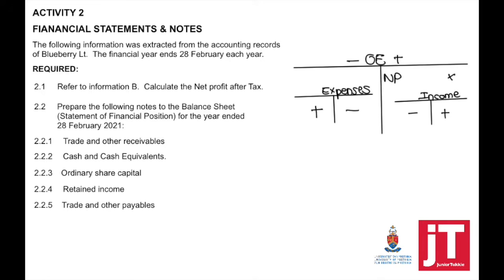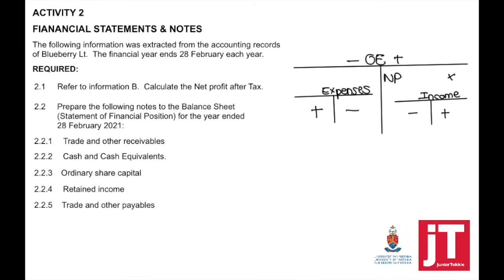I suggest you use this T account as a tool when completing this type of question. Why? If I look at the net profit, which was calculated incorrectly, if our income increases, it will have a positive effect on the net profit. If our income decreases, it will have a negative effect.